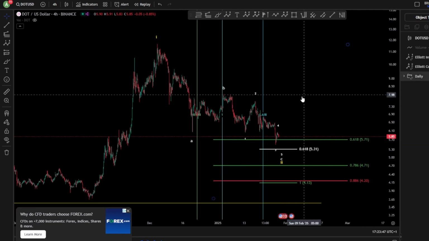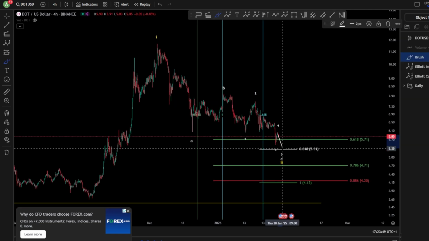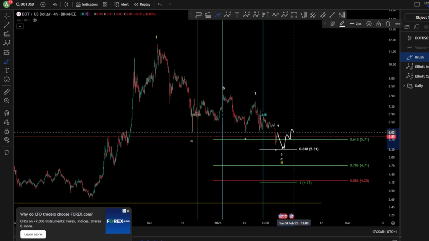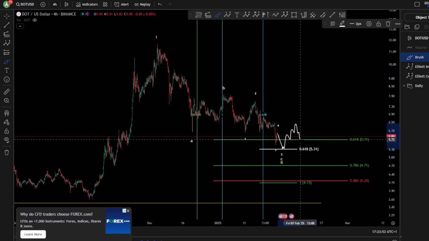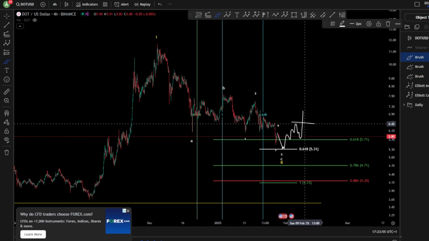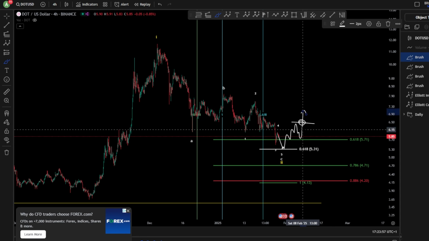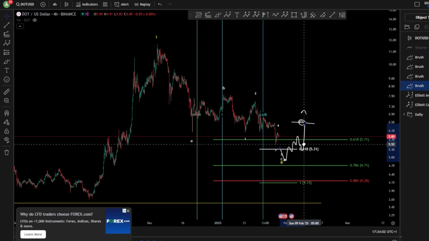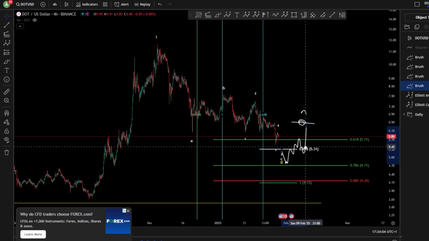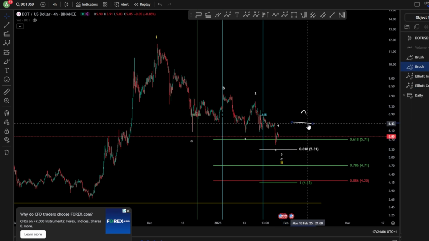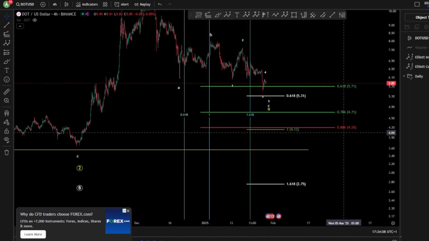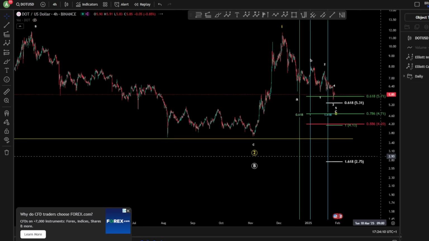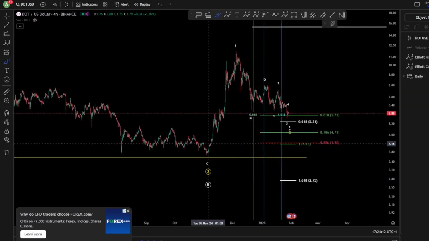Now, if we go back a little bit bigger on the 4 hour chart, I would like to see higher prices, as I have mentioned, after this final leg as 1, 2, 3, 4, 5, 3 waves down, continuation for a bullish scenario. You would like to see this pattern repeating in between these green boxes anyway. If you have reached the 0.886 here, that is kind of an invalidation of any impulse toward the upside.